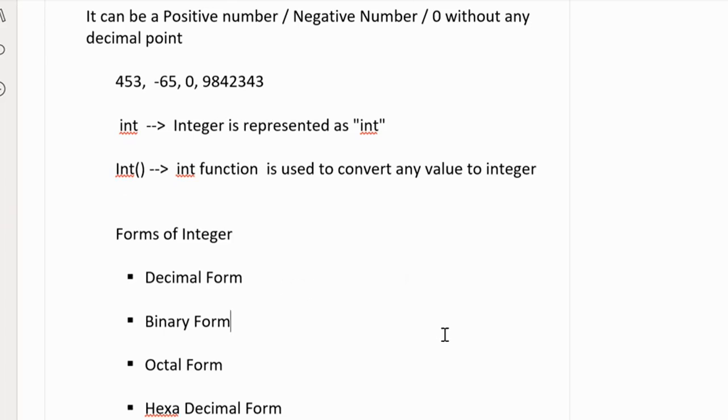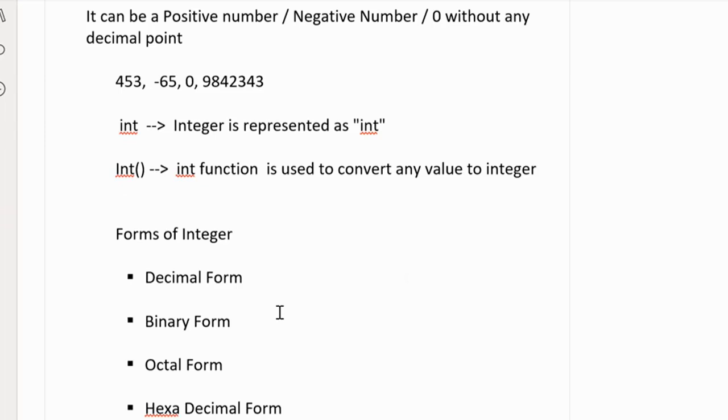The decimal form is a very general form which is used. Any numbering system used around the world is called the decimal form.